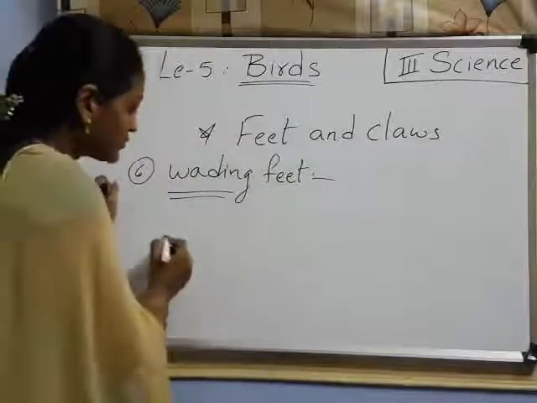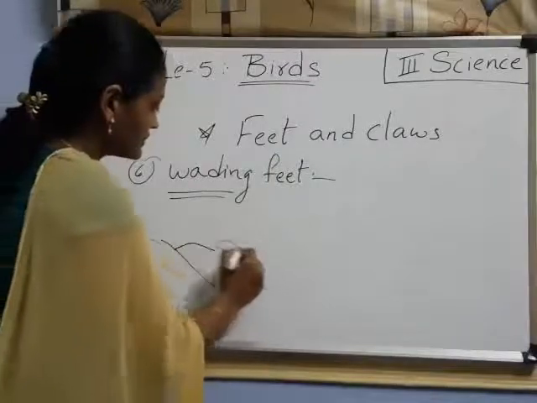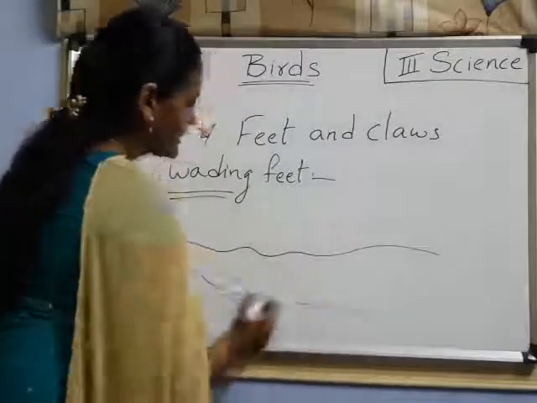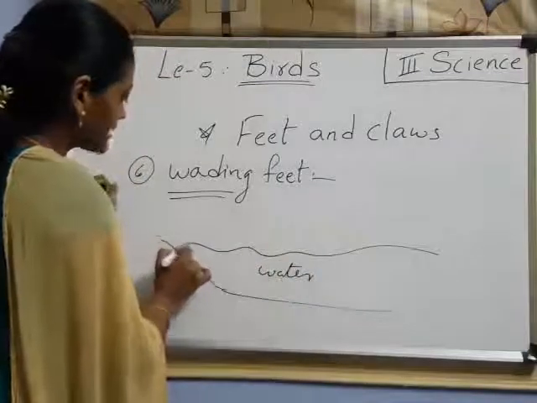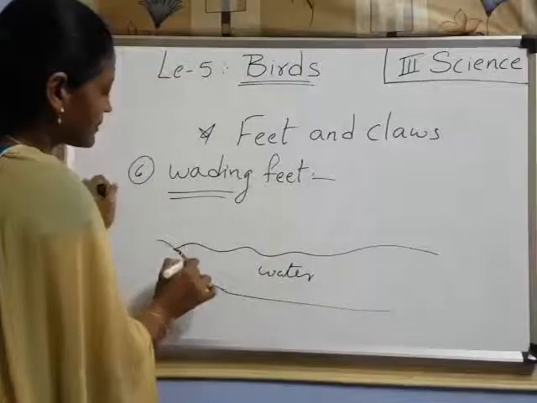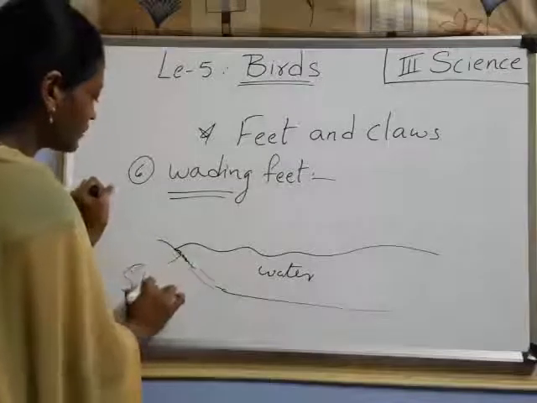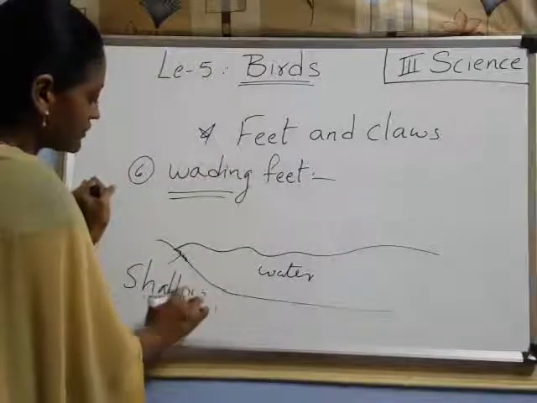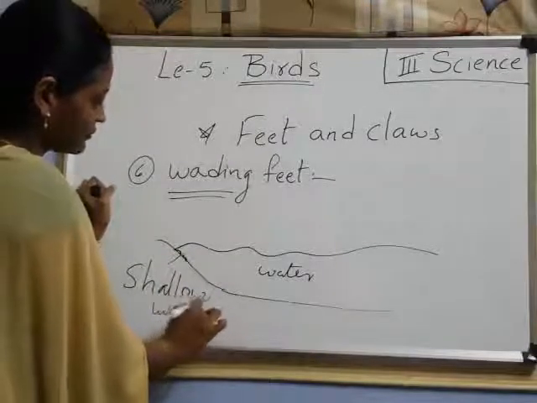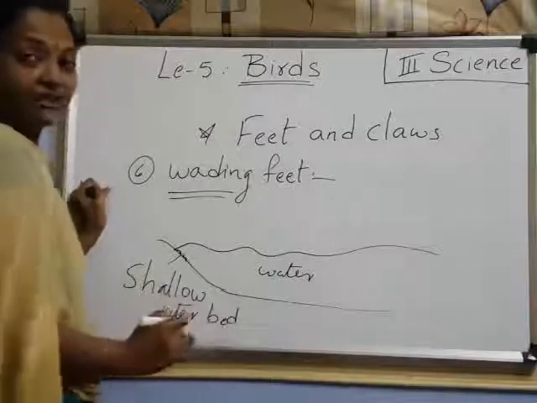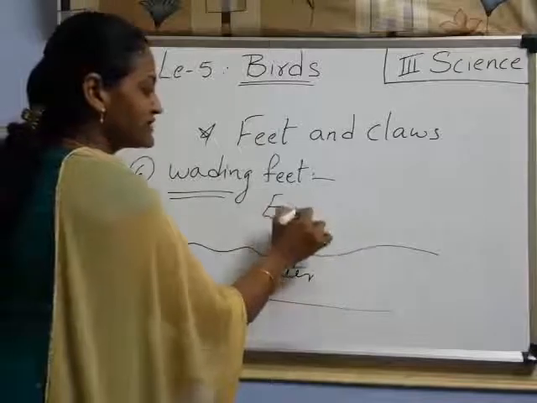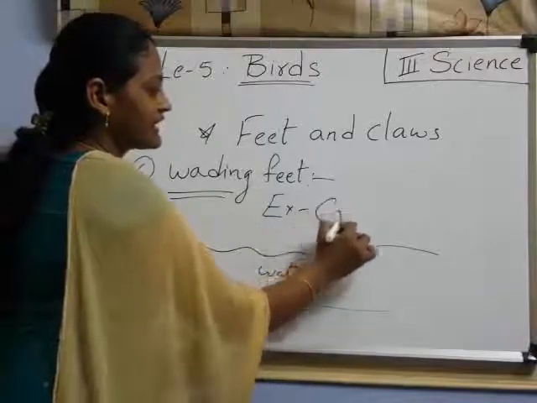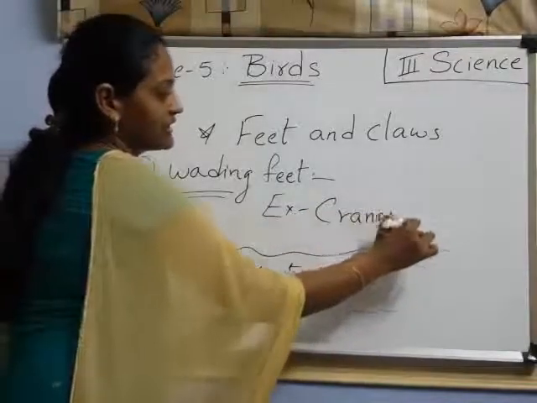Suppose this is a water body, fully water, and here some sand, soil is there. This one we call shallow, the shallow water bed. Then have you seen some cranes? Examples of these birds are cranes and herons.